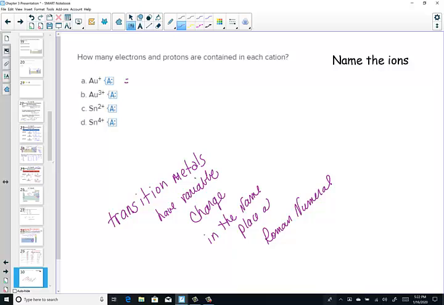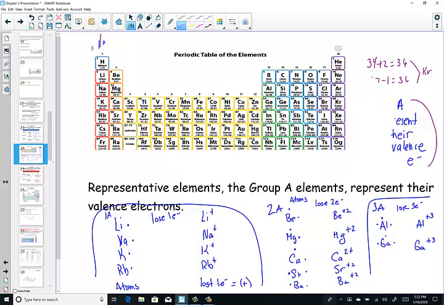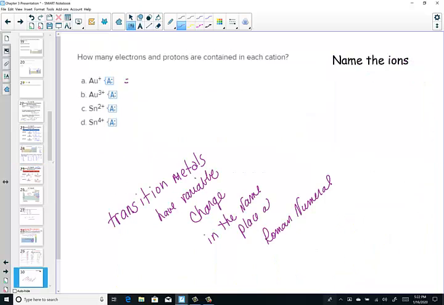Au stands for gold. Now, what is the elemental symbol for gold? Au. When we find gold on the periodic table, here's gold, Au. See how it's number 79? And it lies right in the heartland of, I don't know your charge by where you live, so I have to tell you the charge when I name it. Au is number 79.